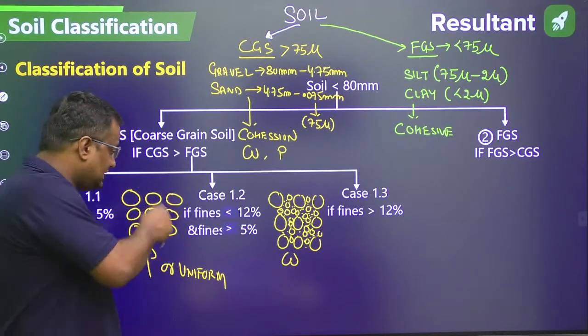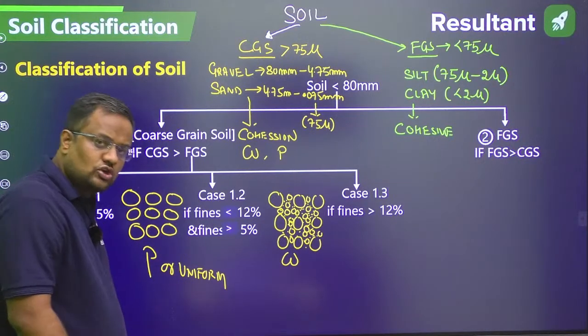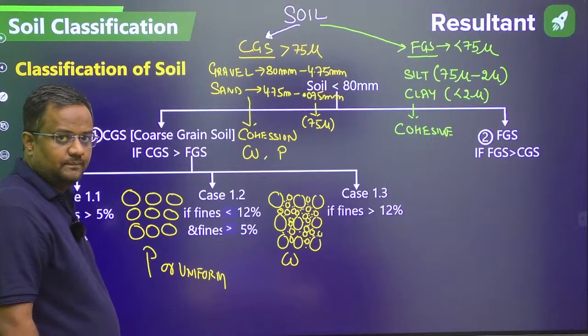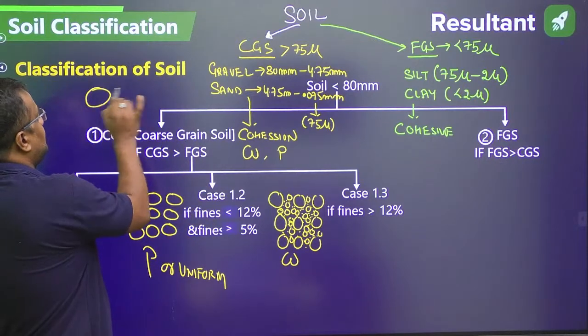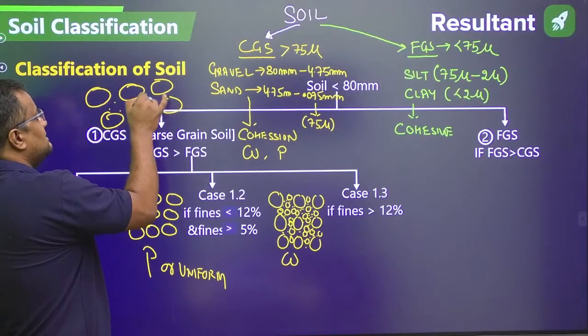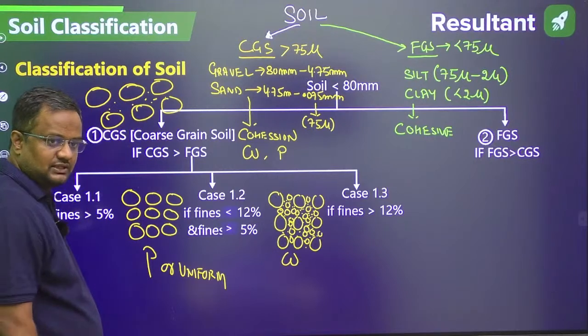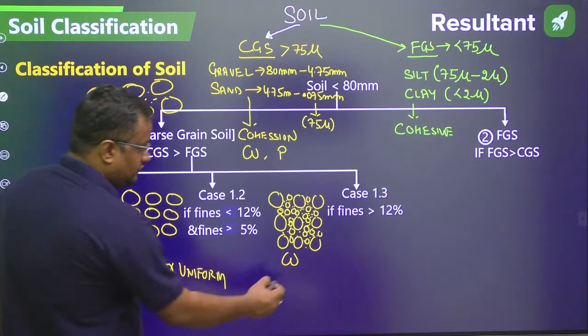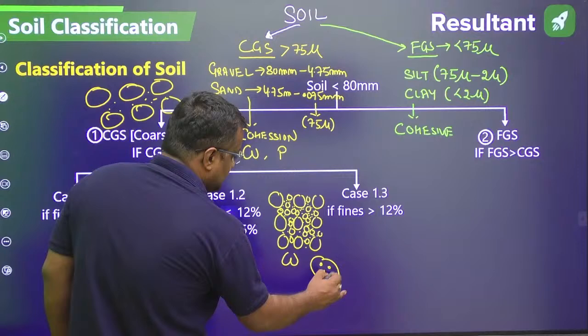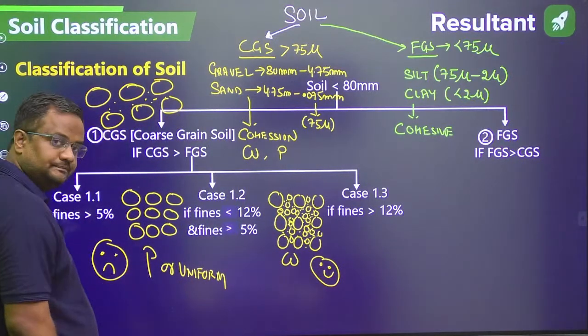Because small particles are not there to fit in, the density is not high, so the density is low and the strength is not more. And there is one more soil, gap graded, when big particles and very small particles are there but medium size are not there. Either big or small, a certain range is missing. That is gap graded. Well graded is a very good soil, and poorly or uniform graded soil is bad.